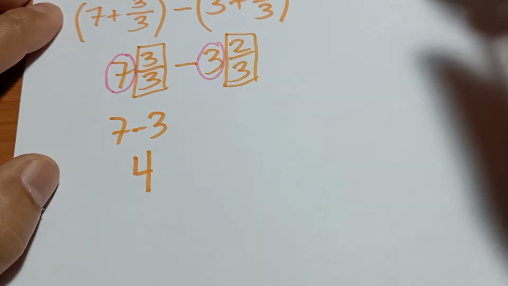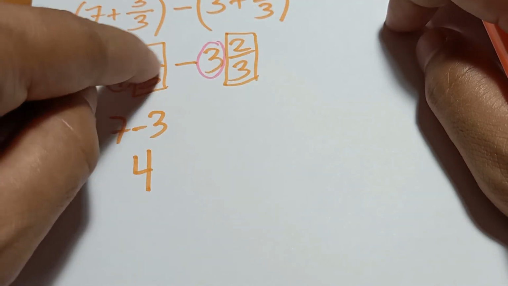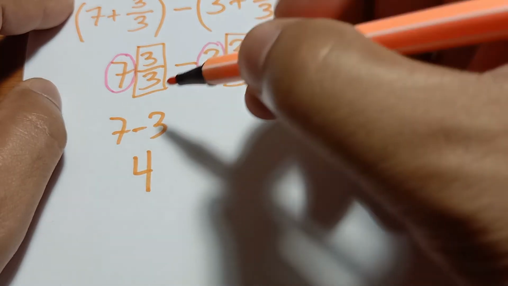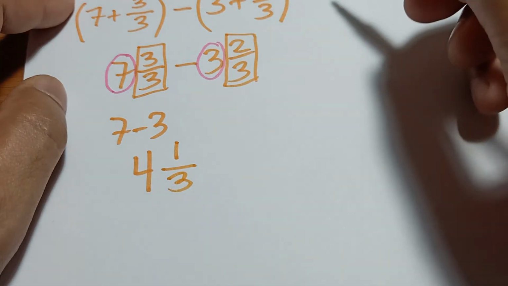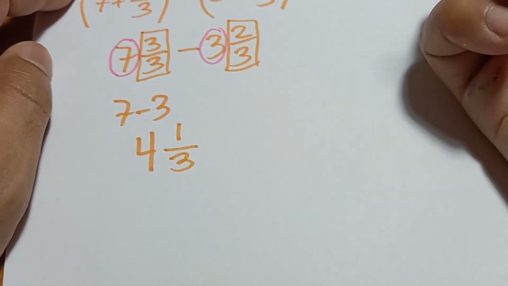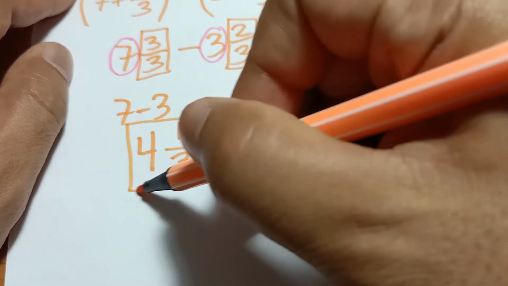So just subtract them. Since the denominator is the same, so 3 minus 2 is 1 over 3. So that is our final answer.